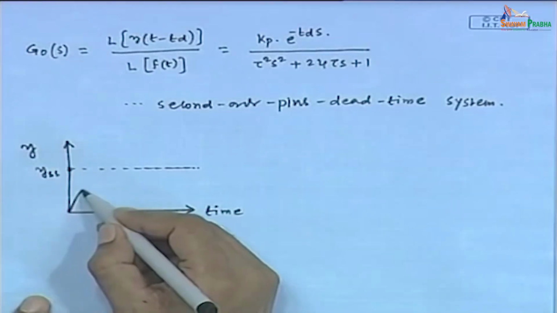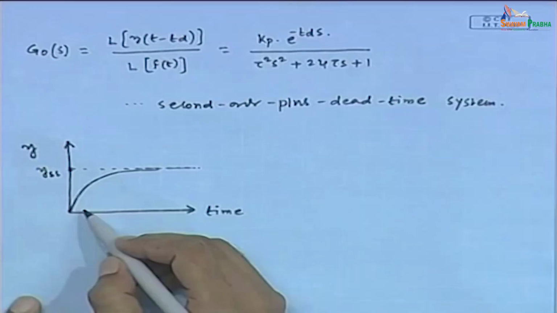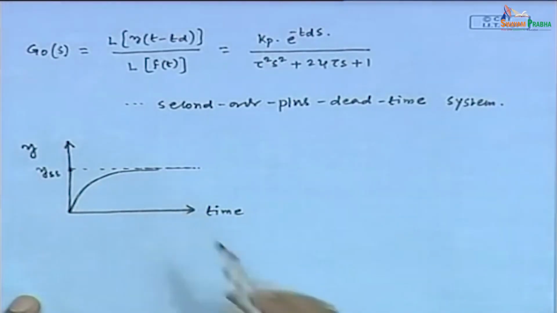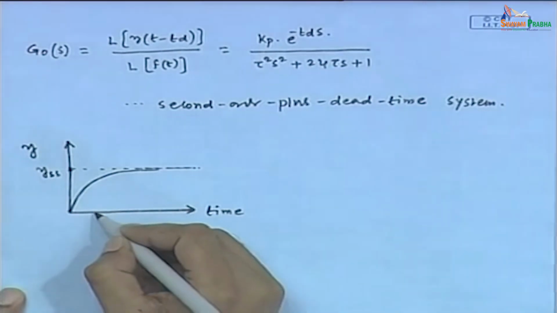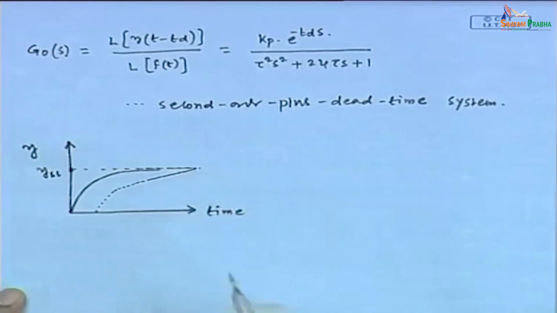Now, if there is no dead time, then the response is like this. If we disregard the dead time, then the response is like this. This is the response of first order system. And if we consider the dead time, then it becomes like this.